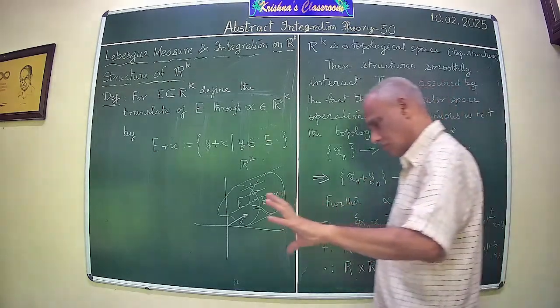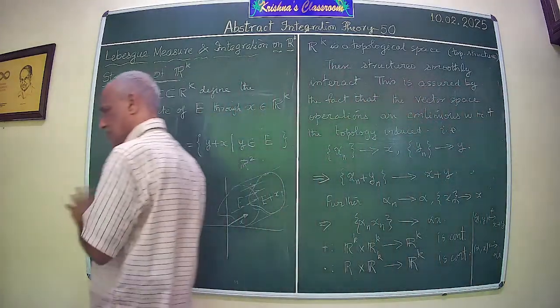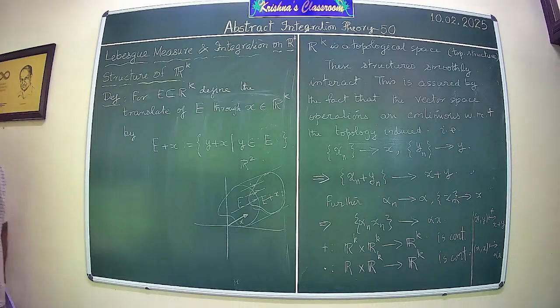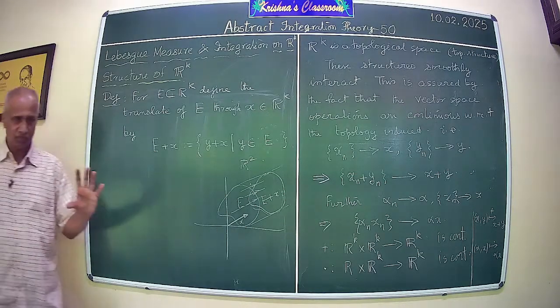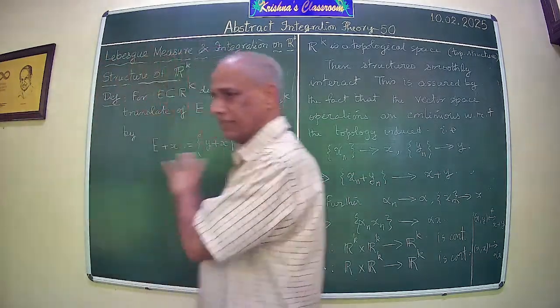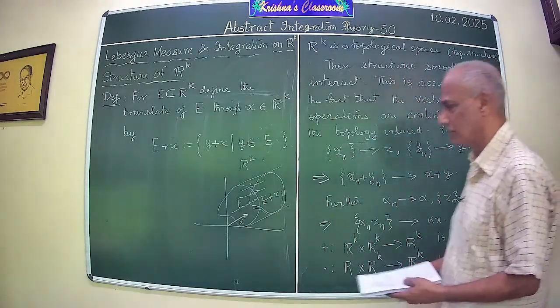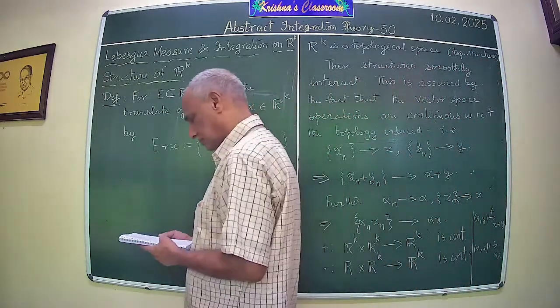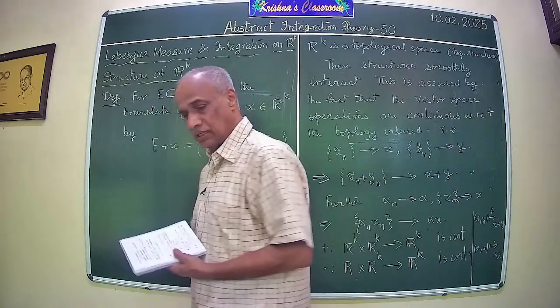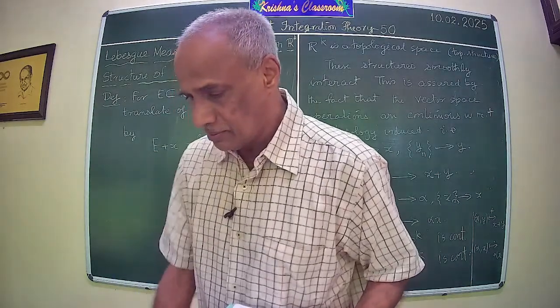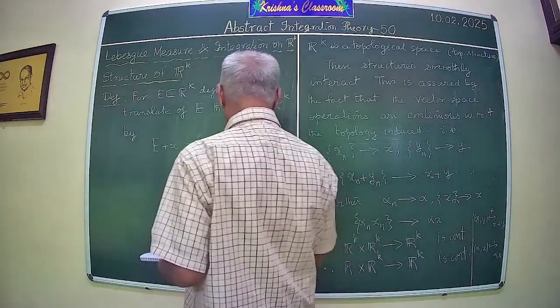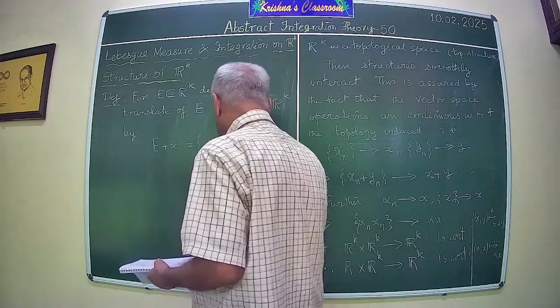So you literally shift the subset through the vector x and you get a new subset, and this is what you call the translate. Now, that is clear.